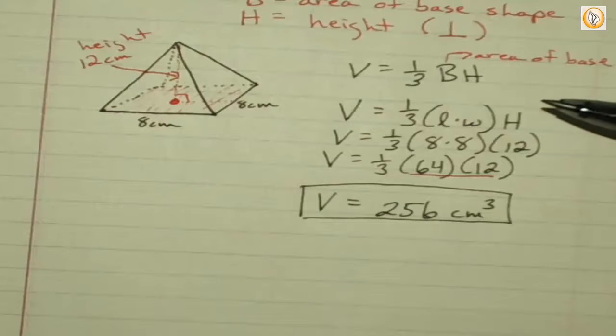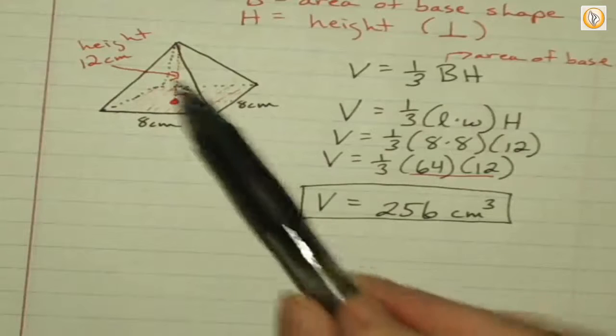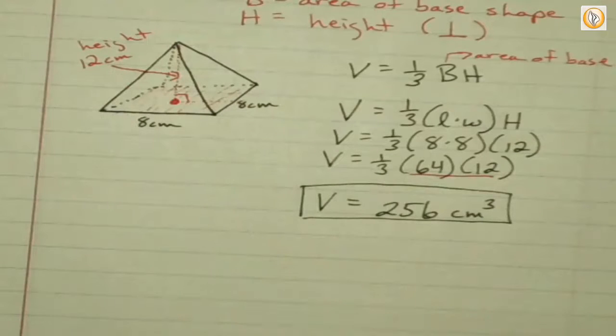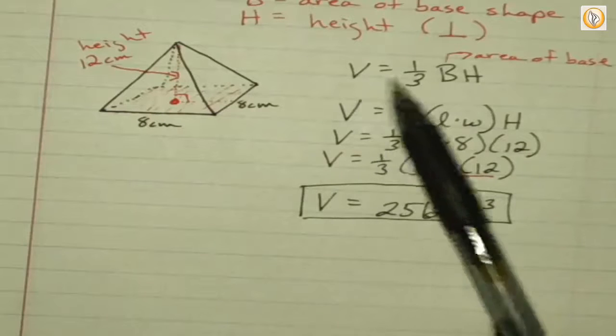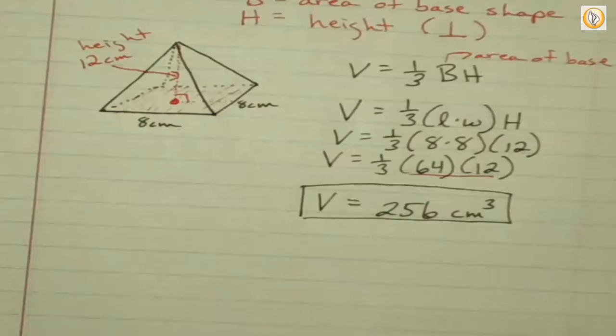So you will have to be familiar with that. I'm going to give you this picture and say, figure out the volume. And you're going to be like, oh my gosh. So you're going to see V equals a bunch of things. You're going to need to know which is which.